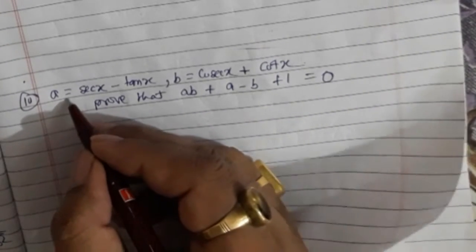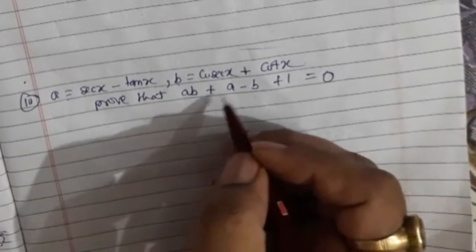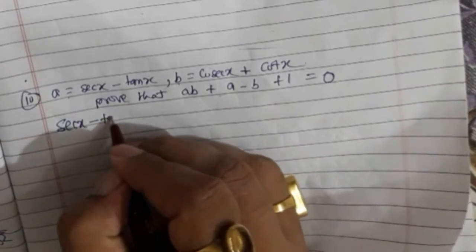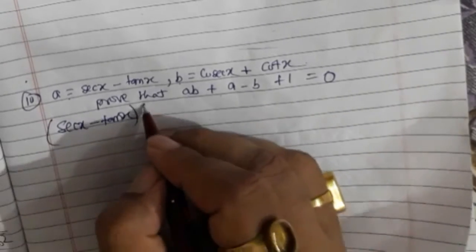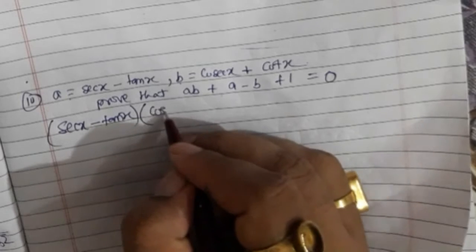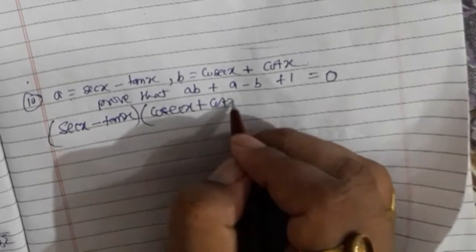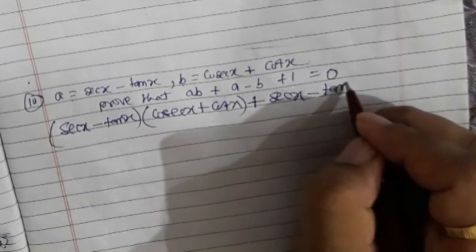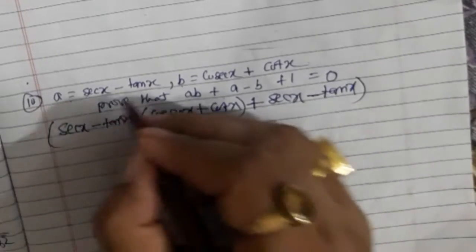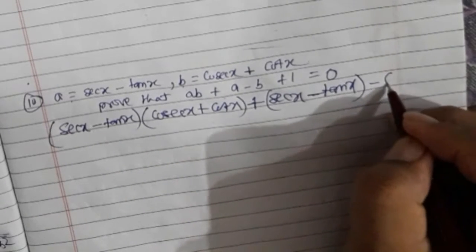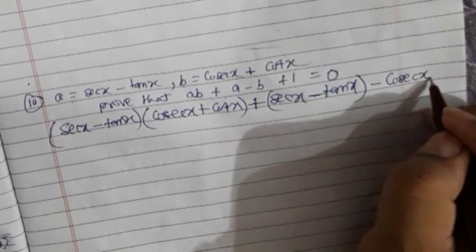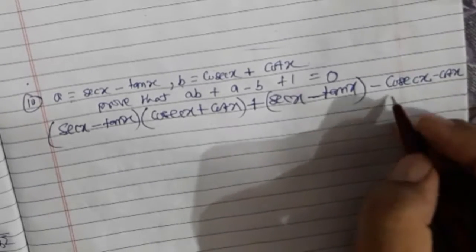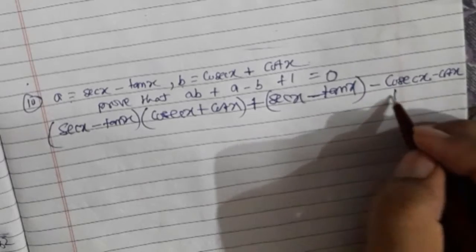Multiply A into B, and we can write this as sec x minus tan x into cosec x plus cot x, plus sec x minus tan x, minus cosec x minus cot x, plus 1.